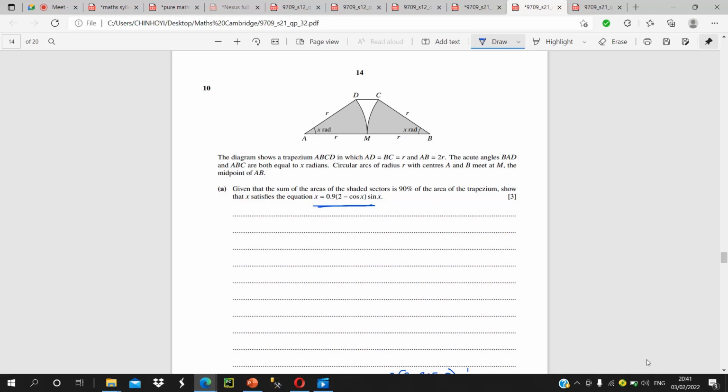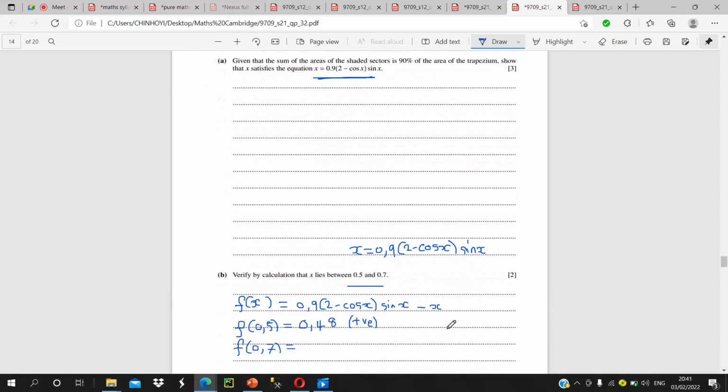Yes. Where there is x, you are saying, oh, no, there's something I omitted. 0.9 open bracket 2 minus cos 0.5 close bracket times sin x minus 0.5.